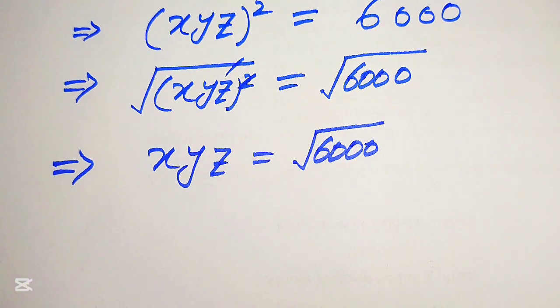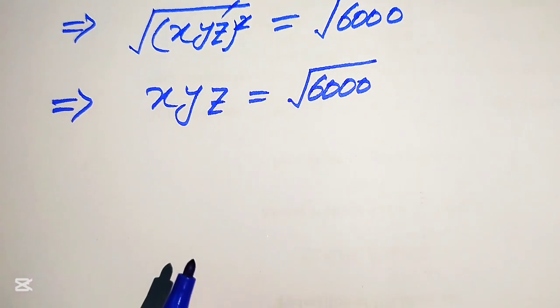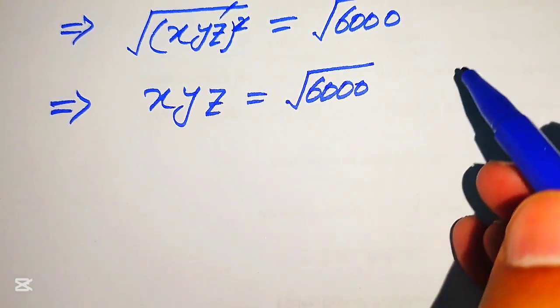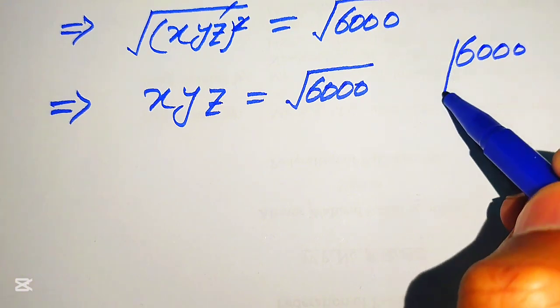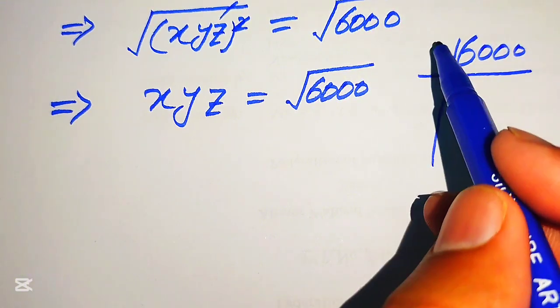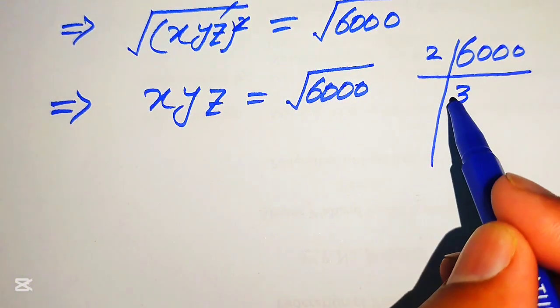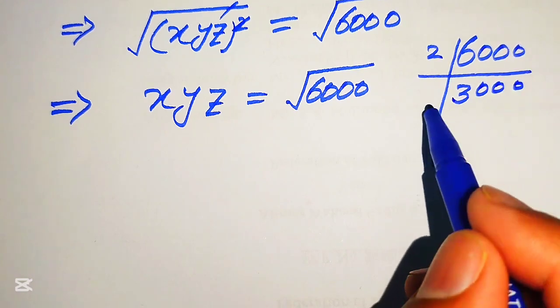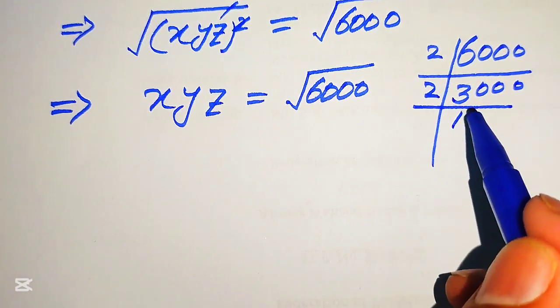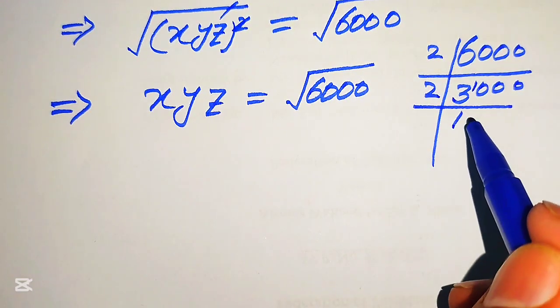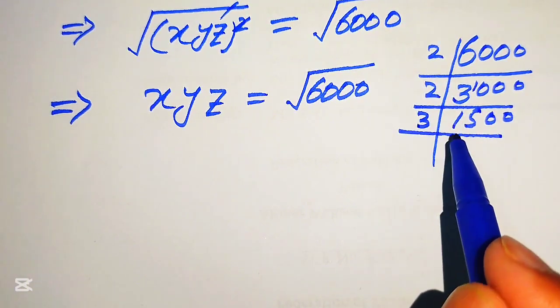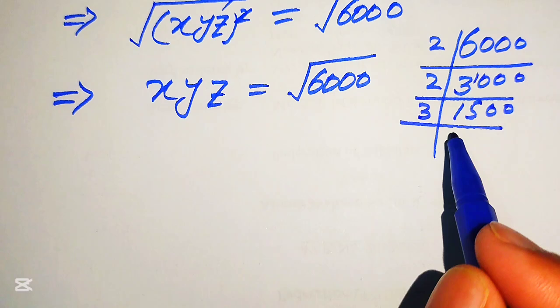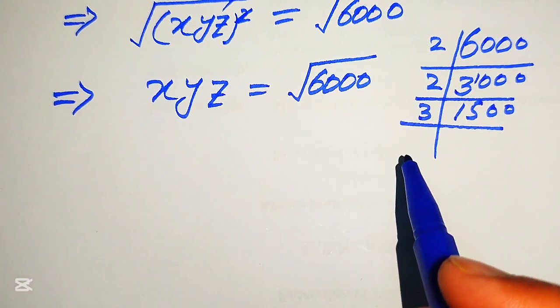Now in order to simplify the terms, we first need to find the factors of 6,000. We will make the factors of 6,000 by using the division method. So you see here, 2 3s are 6, 0 and 0s. Again 2 1s are 2, 2 5s are 10 and 0 0. So it will be divided by 2.